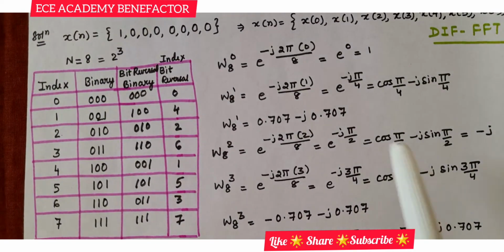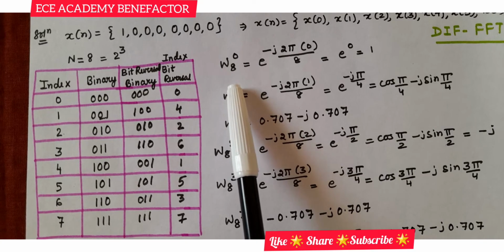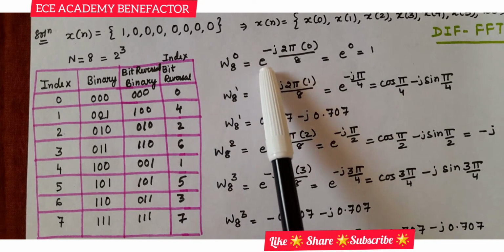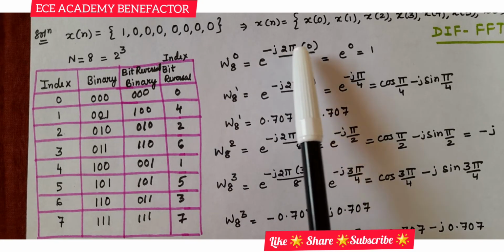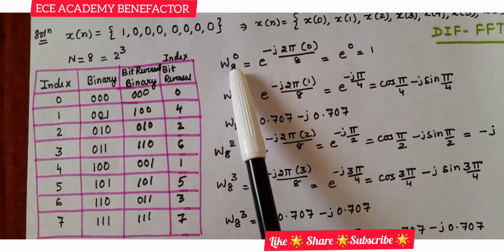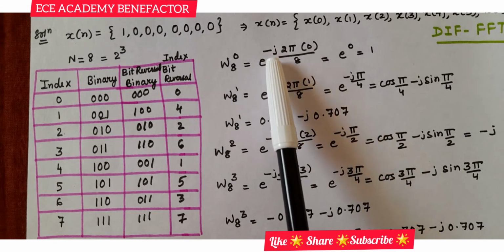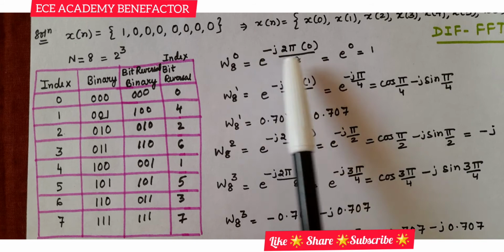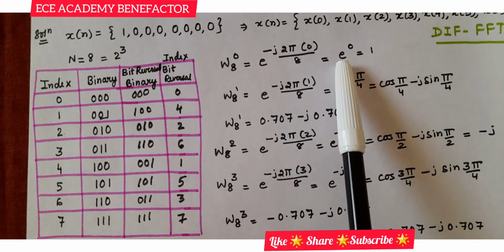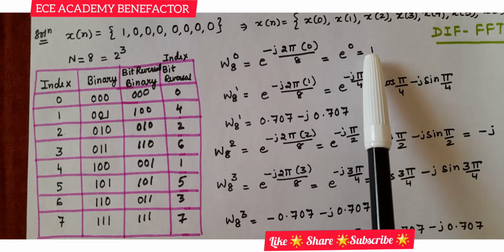Let us see how to compute W8 to the power 0. The formula is e to the power minus j 2 pi k by capital N. So it is e to the power minus j 2 pi 0 by 8, which is coming as e to the power 0, and e to the power 0 value is 1.